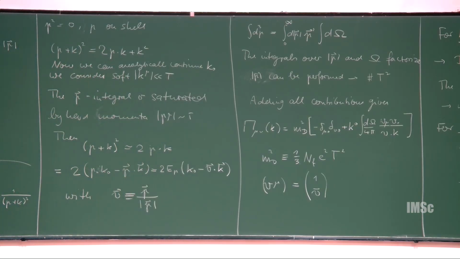I want to show you this now. I do this in two steps. First I rewrite our process of resumming. Let's think again about what we do when we resum this hard thermal loop into the propagator.